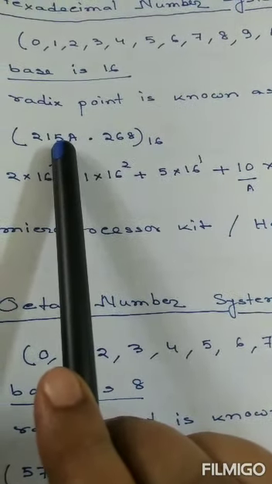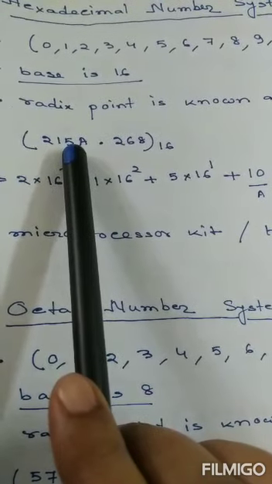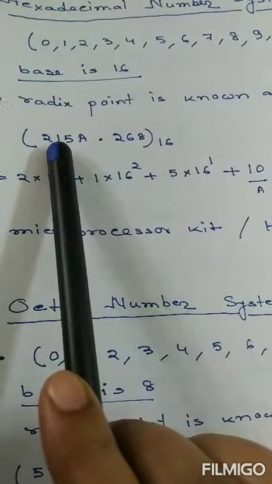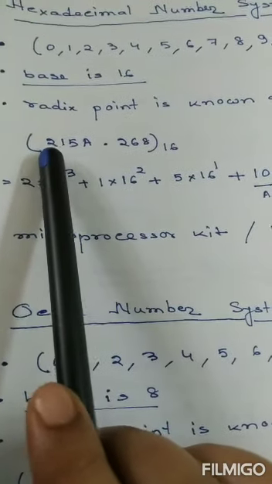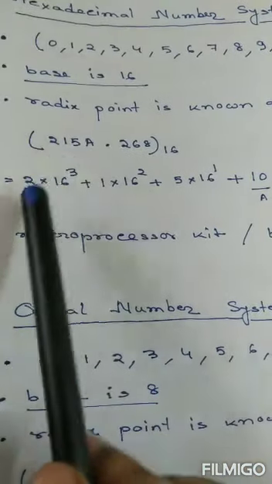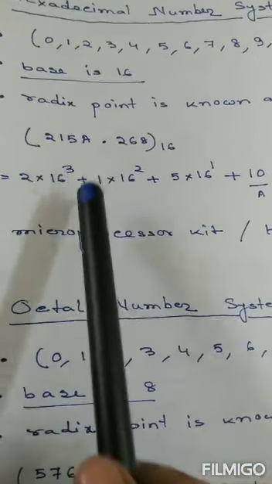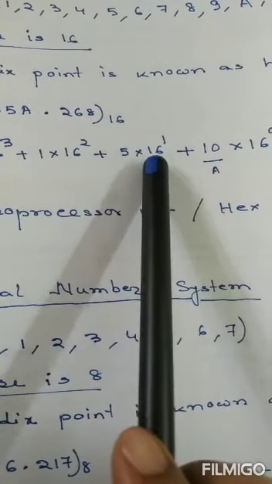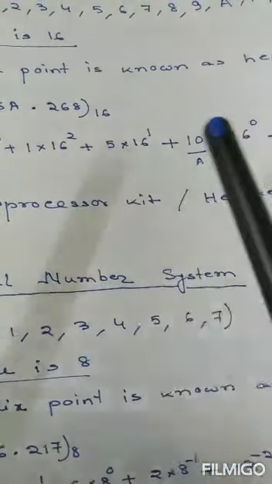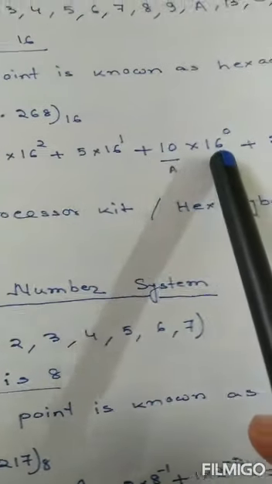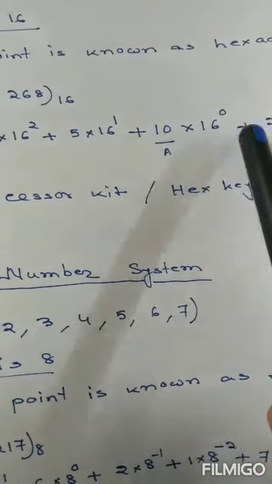For 5, the weightage is 16 to the power 1. For 1, 16 square, and for 2, 16 cube. So the value of this part is 2 into 16 cube plus 1 into 16 square plus 5 into 16 to the power 1 plus A into 16 to the power 0, where A means basically 10.